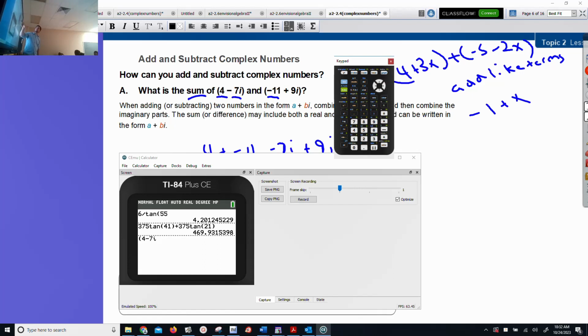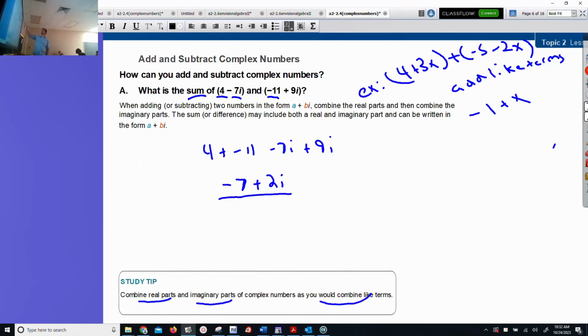There's i. Close the parentheses, it was sum, so plus -11 plus 9, second decimal. There you go. It can do quite a bit of the imaginary math, but it cannot take square roots of negatives for you. It does have an i key on it.